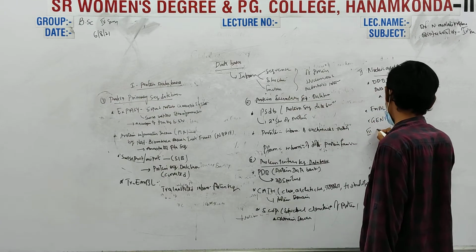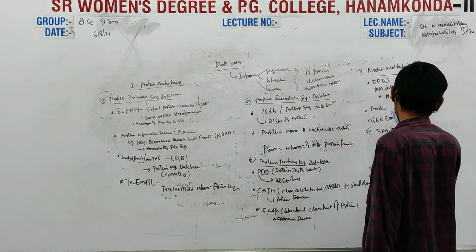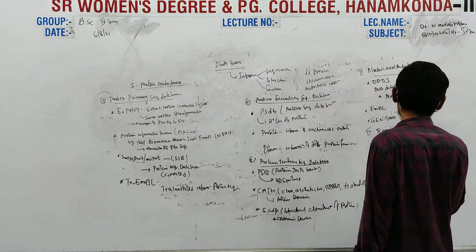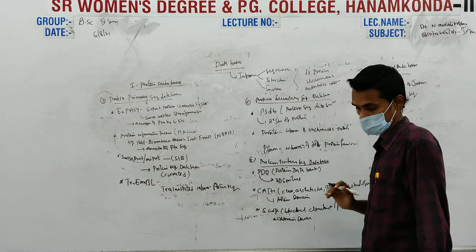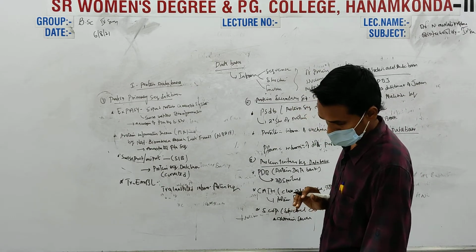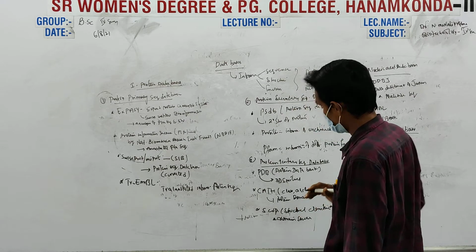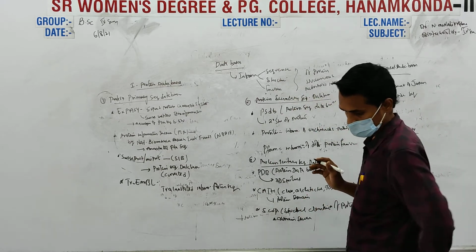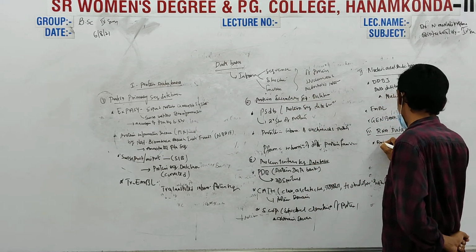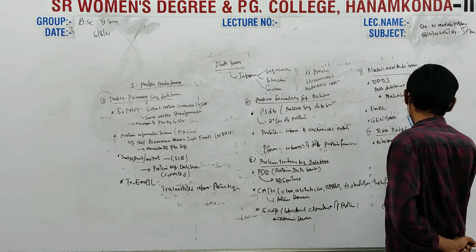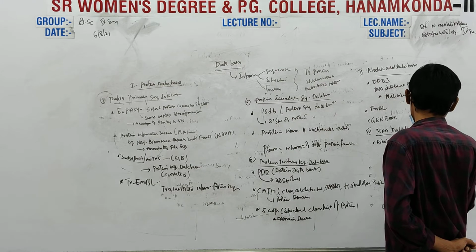Third one is RNA databases, which includes Ribosomal Data Bank Project.